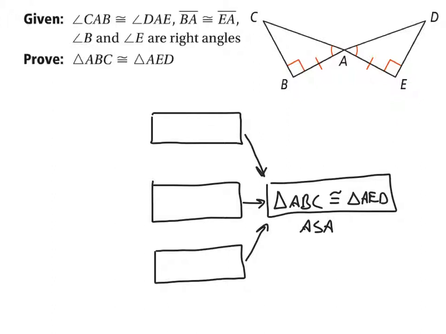I know that angle CAB is congruent to angle DAE. It's marked in the diagram, and I need that information for my triangles, so that goes in one of these spots. I know that line segment BA is congruent to line segment AE. Again, parts of my triangle, so I need that. It goes in one of these spots.